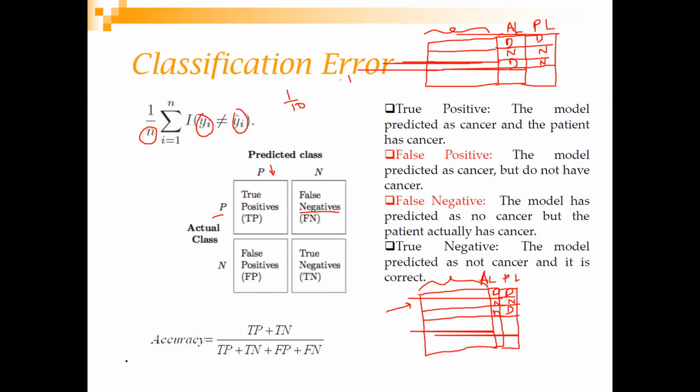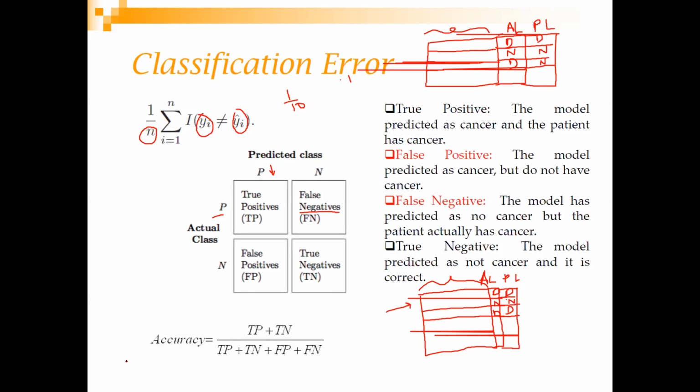And when I am making an incorrect decision, there is a cost associated with it, because there is some kind of harassment of the people or some kind of delay of treatment, right? So this is the cost.